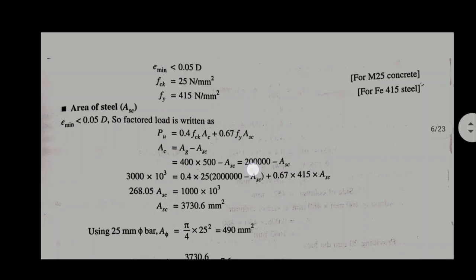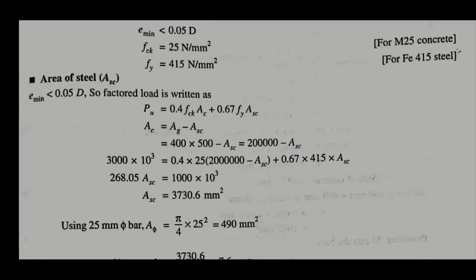So this is the value of Ac. So in equation we have to put all the values. 3000 into 10 cube is equal to 0.4 into 25 within bracket, the value of Ac, plus 0.67 into 415 into Asc.